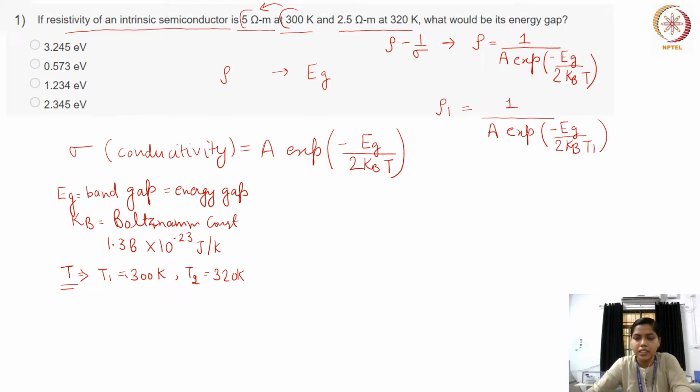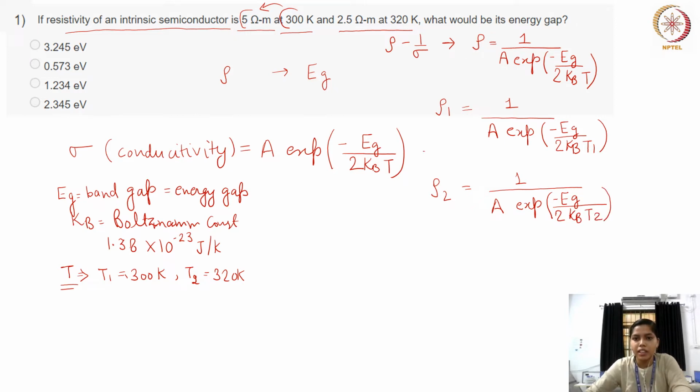This is the resistivity at temperature T1, and similarly for the temperature T2 our resistivity will be rho 2. That will also be given by 1 divided by A exponential minus Eg, that is your band gap, divided by 2 kB multiplied by T2.